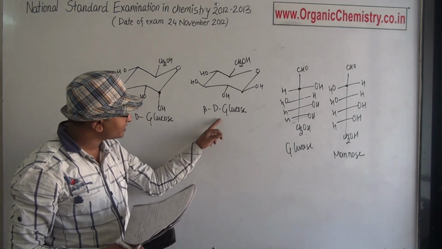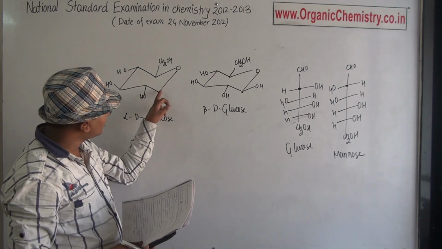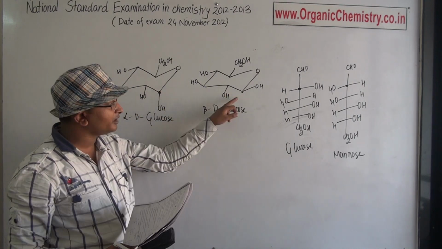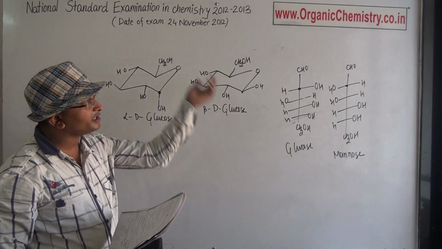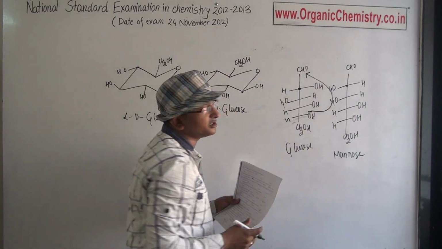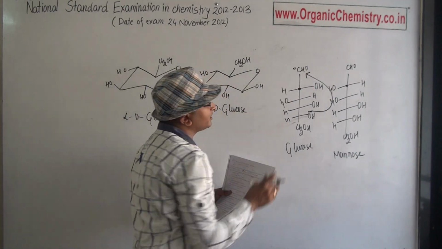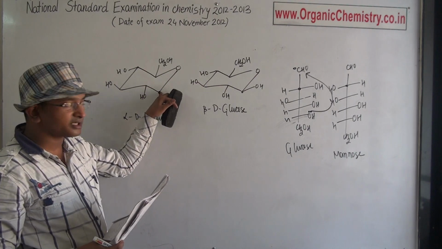But two diastereomers of the same molecule, if they differ at one chiral carbon, and that chiral carbon was originally the carbonyl carbon, if you attack this OH over this aldehyde part, this carbon becomes chiral, and this one is this carbon.